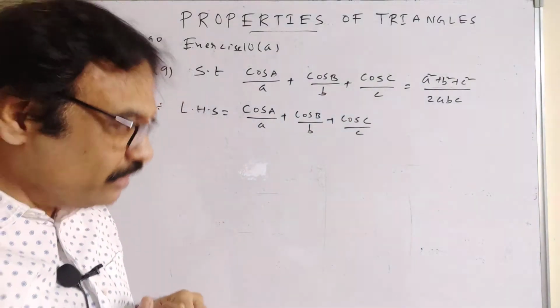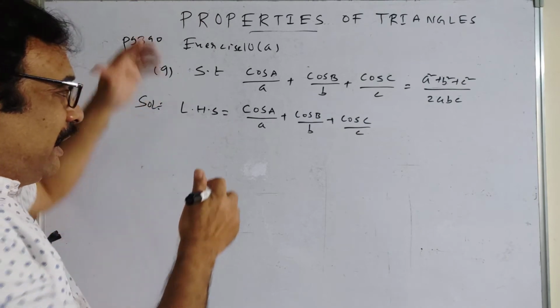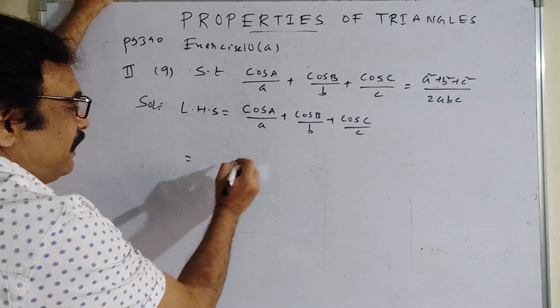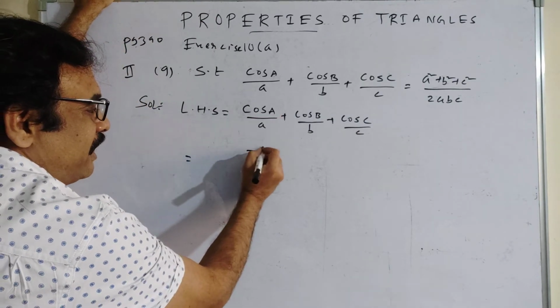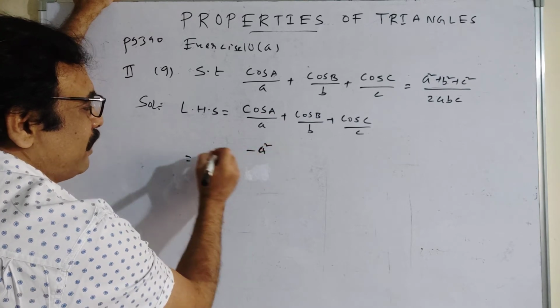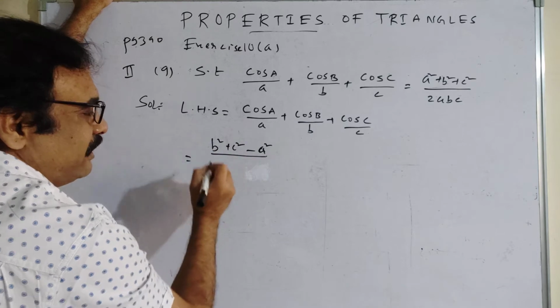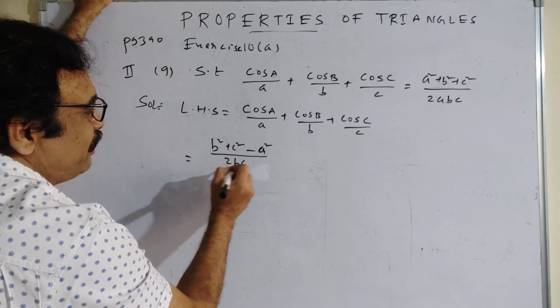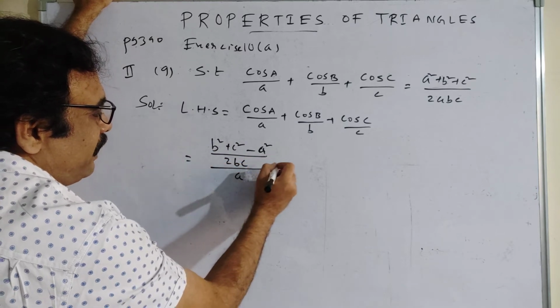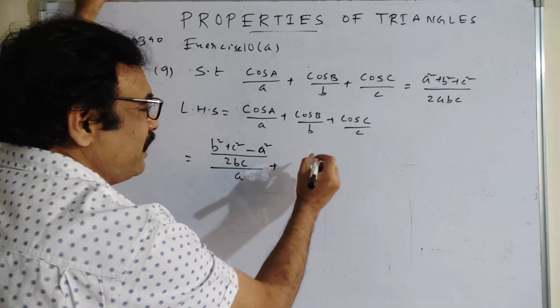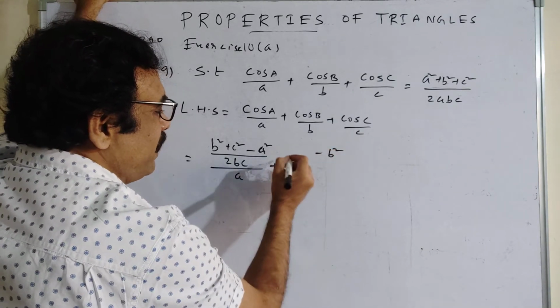Okay, now coming back to the point. As we know, I am going to apply the cosine law. Cos A is there; you write minus a square, and the rest of the sum of the squares you add on the front side, and you write 2bc, and this is by a. Now cos B is equal to minus b square.